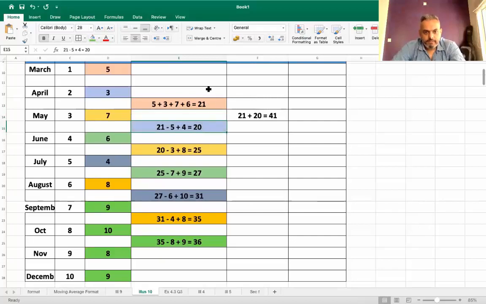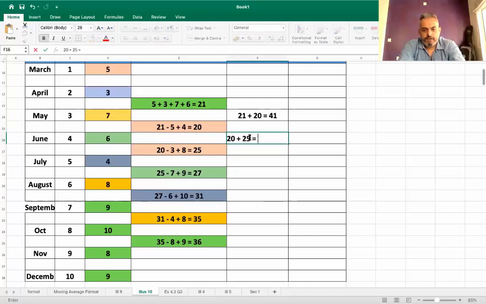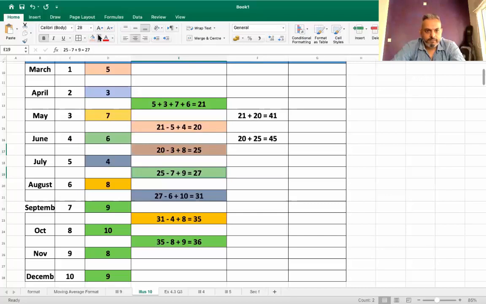Then 20 and 25, so 20 plus 25 is equal to 45. Directly we can do because only two numbers are there. Then 25 and 27, so 25 plus 27, which is equal to 52.